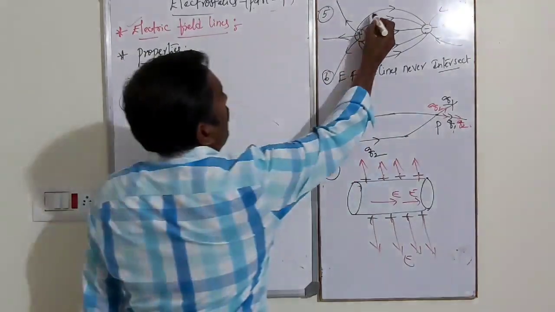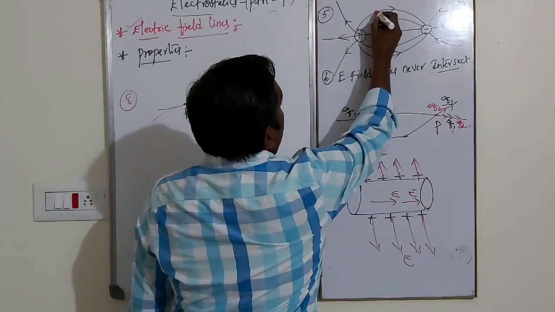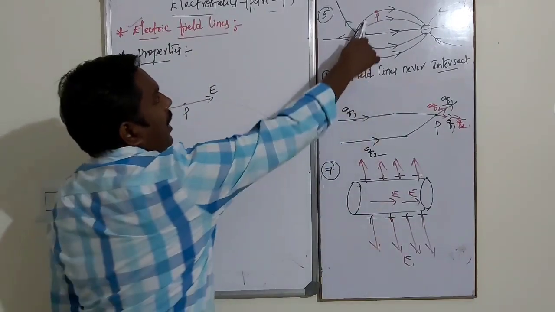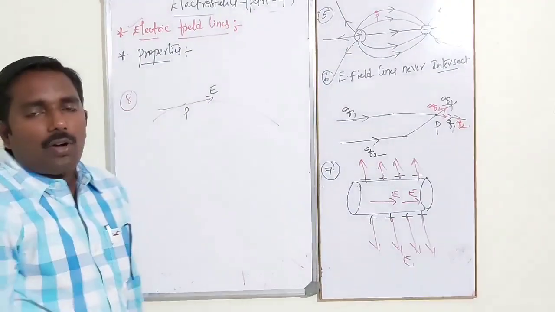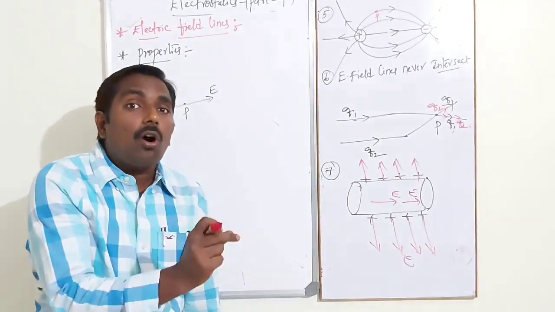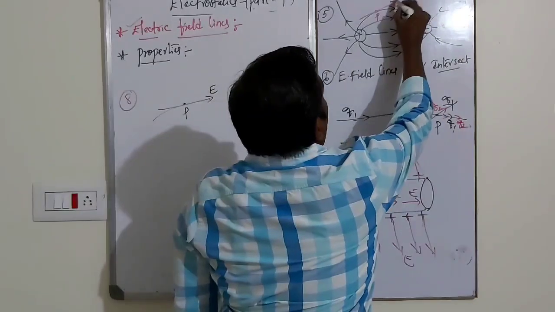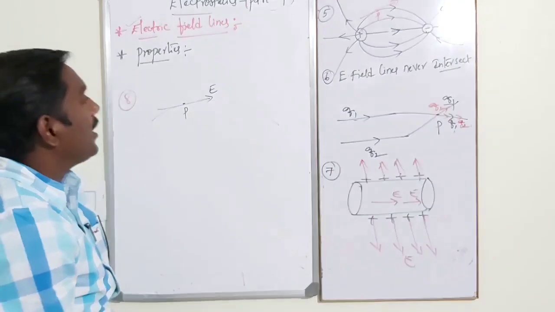Let us consider point P on the curved region. A tangent line drawn at the point on the path indicates the direction of the electric field.